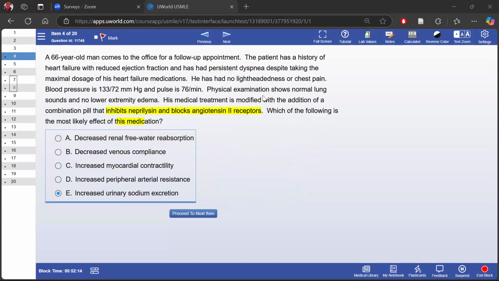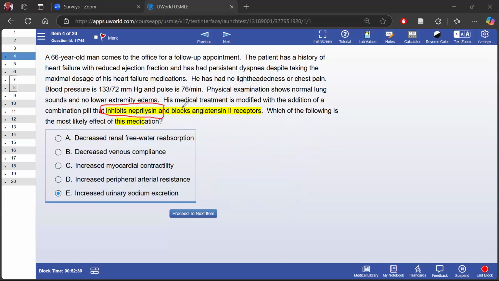Another thing I can do with this kind of question: you can get a question in your exam where you have no idea what the drug does. Like we see here, they told us about inhibition of neprilysin. Unless I remember what neprilysin does, I'll probably miss this question, right?